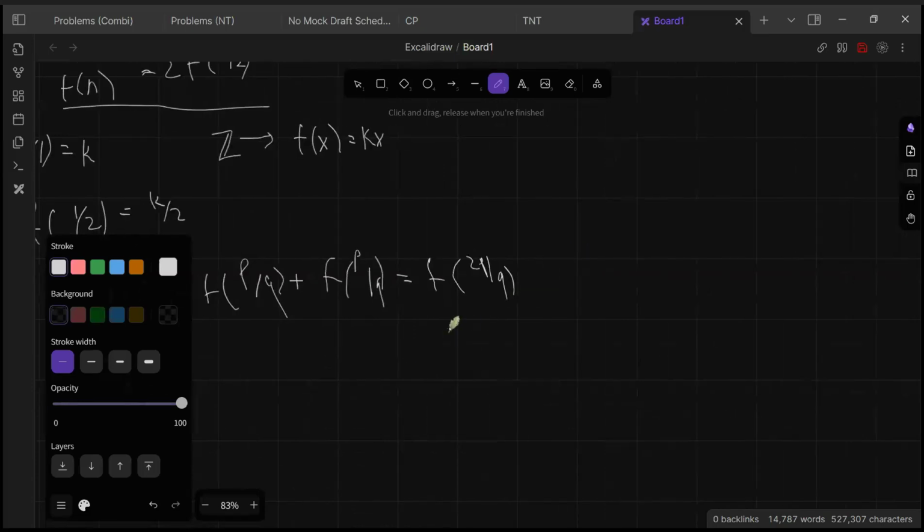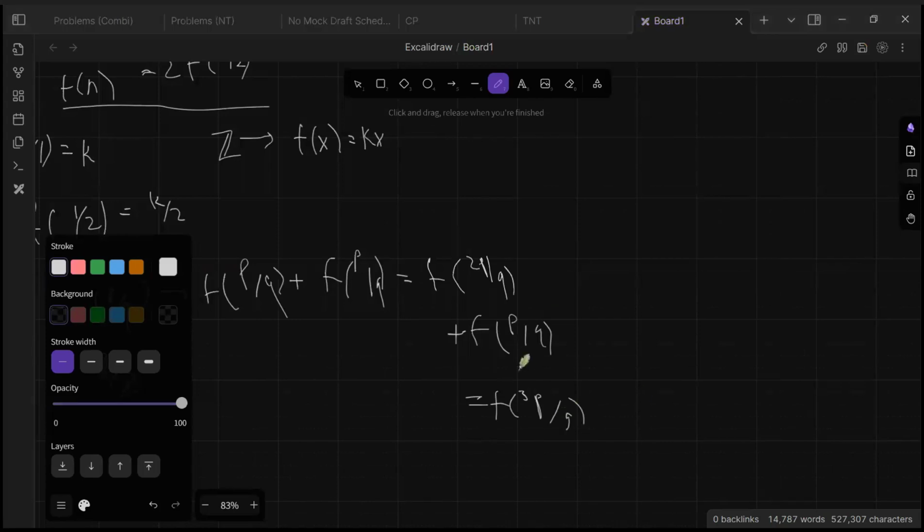And when we add f of p by q to this, it's going to be f of 3p by q, and so on and so forth. Q times, yes, q times, exactly.